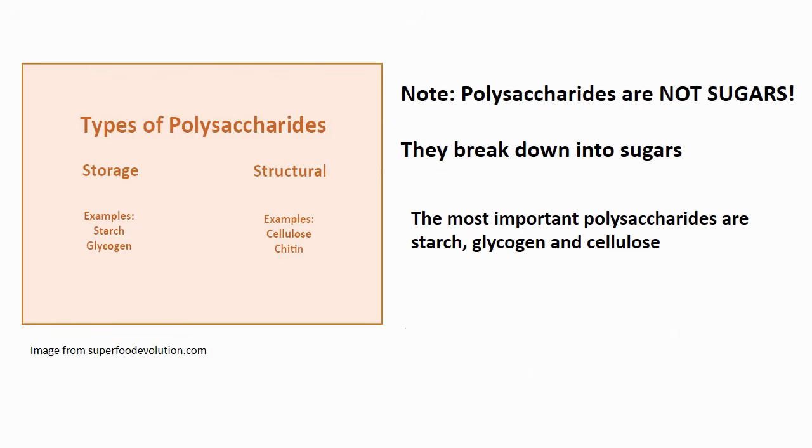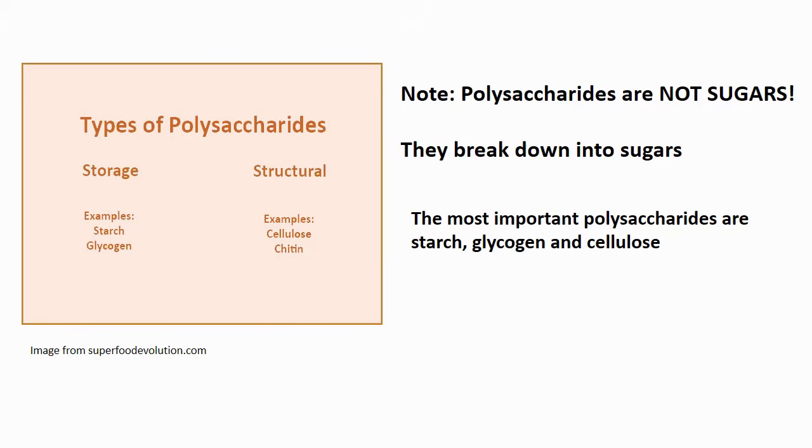Polysaccharides are not sugars, and this is something that needs to be reinforced in students. They can be broken down into sugars, but when you combine a lot of sugars such as glucose, for example, to make glycogen or to make amylose or amylopectin, which are molecules you will learn about, then you're no longer going to have a sugar.